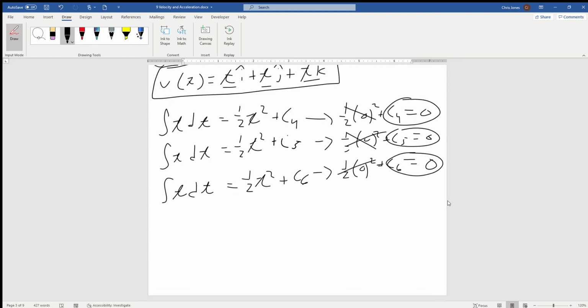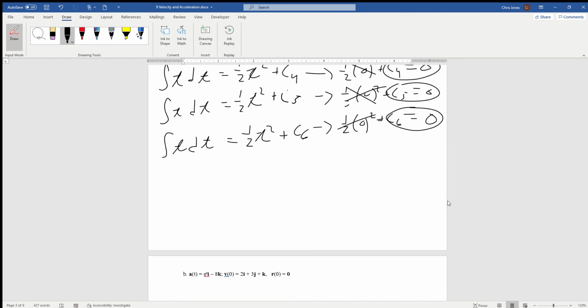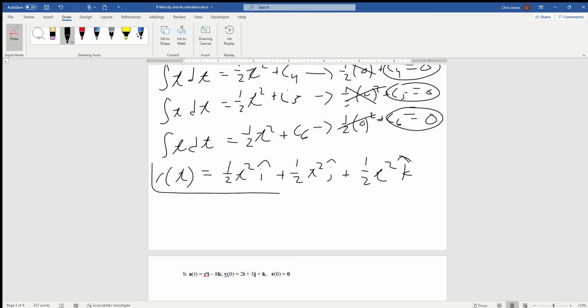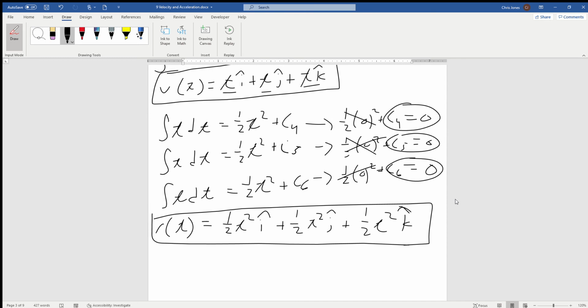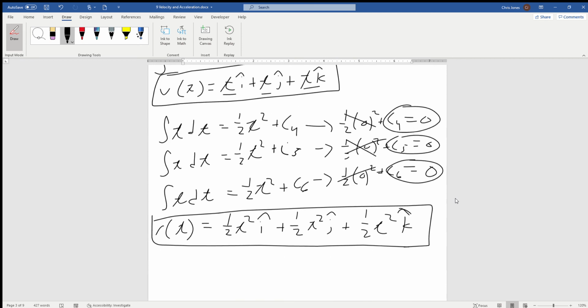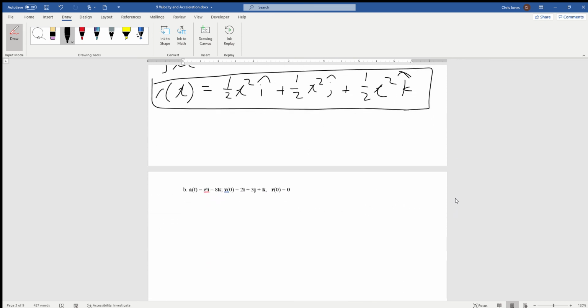So we can find that our position function, r of t, is going to be equal to 1/2 t squared i plus 1/2 t squared j plus 1/2 t squared k. And that's it. All right. So it's actually an old problem that we did, which is good news because it's just an application of that initial value problem that we looked at in the previous section.